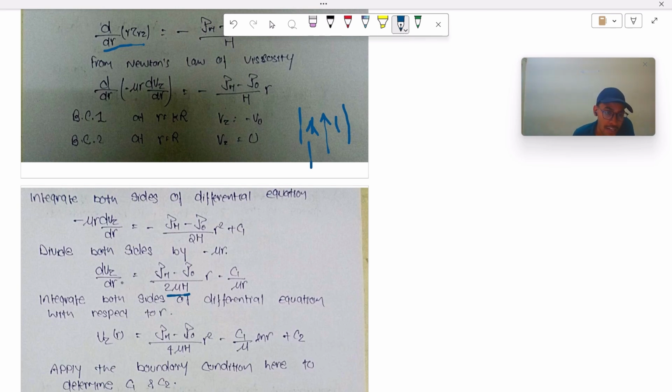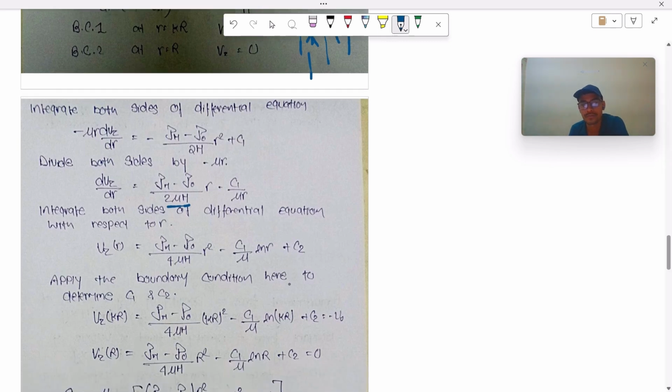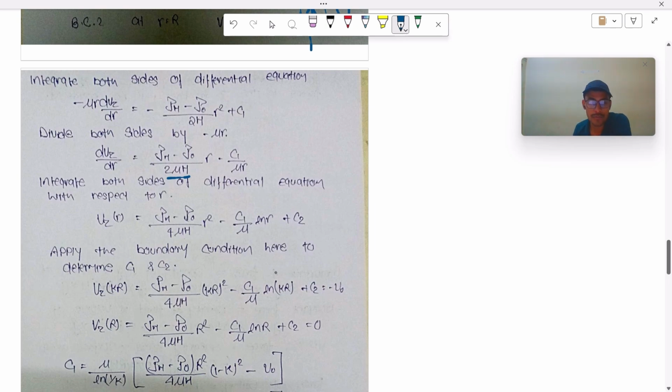Now we again integrate to get our velocity expression, which is a function of r, given by the change in modified pressure upon 4 times mu h into r square plus C1 upon mu ln r plus C2. And we have the two boundary conditions which we use to get the values of C1 and C2. So by applying the boundary condition, we get Vz at kappa R is equal to the change in modified pressure upon 4 times mu h kappa R square minus C1 upon mu ln kappa R plus C2, is equal to minus V naught.